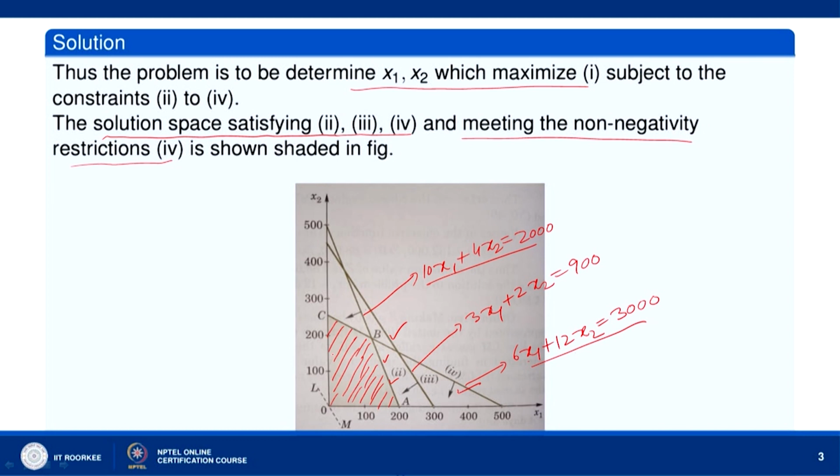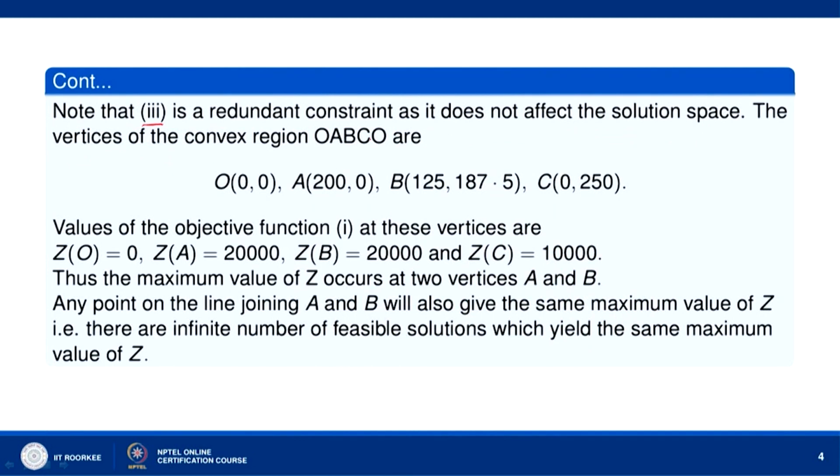Although for this region 3 x 1 plus 2 x 2 less than or equal to 900 is valid, this condition is not being used to obtain this solution space. So, this is a redundant constraint, as it does not affect the solution space.